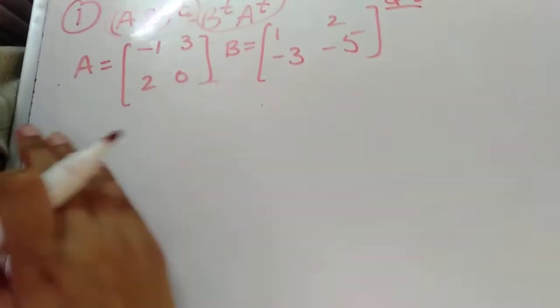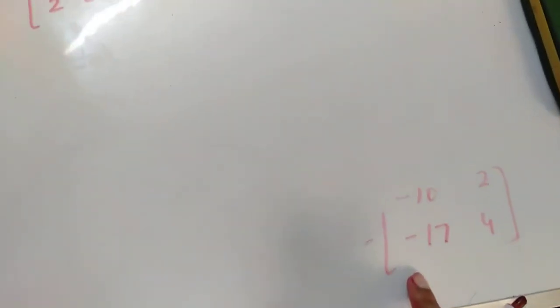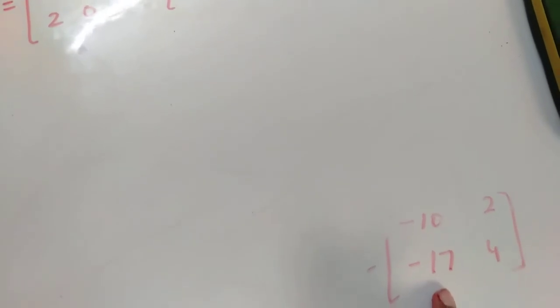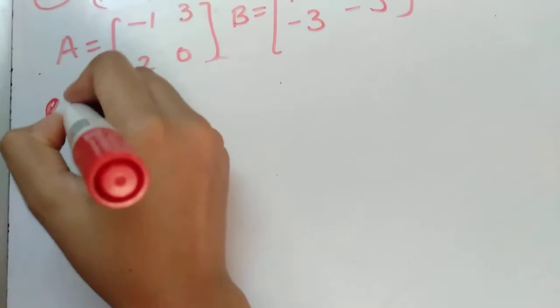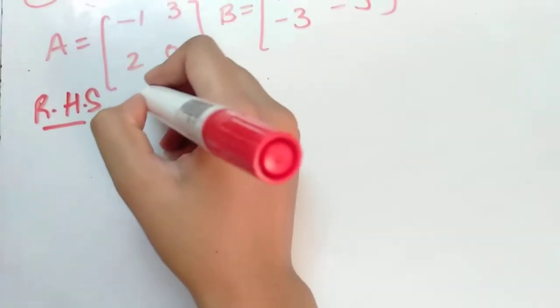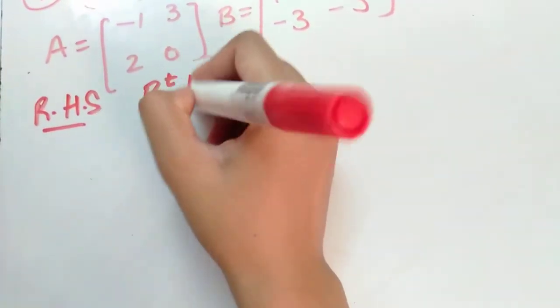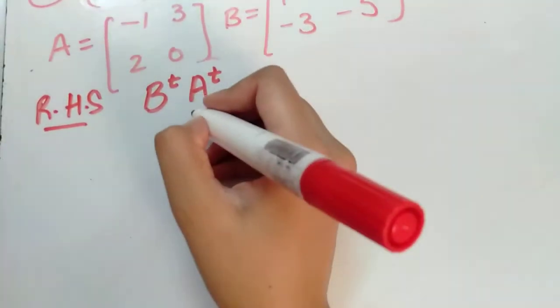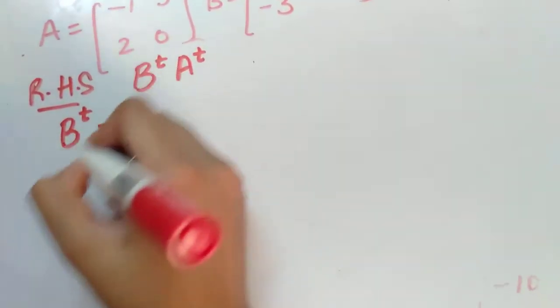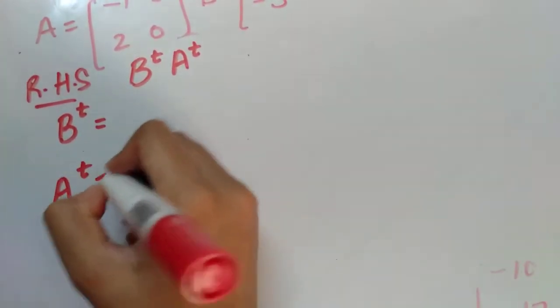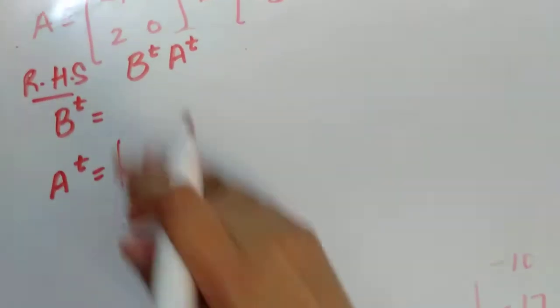Now we are doing our right hand side. I didn't erase the left hand side answer so that we can compare it with the right hand side. It's B transpose and A transpose. To find the right hand side, we should take the transpose of B and of A first, then multiply the matrices.